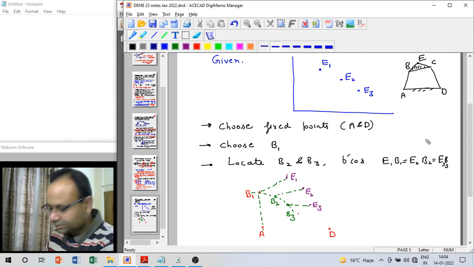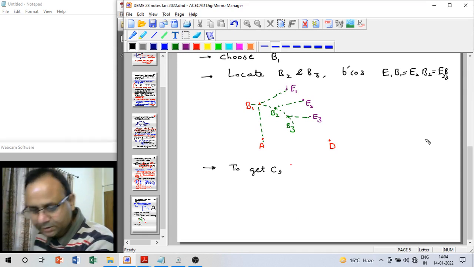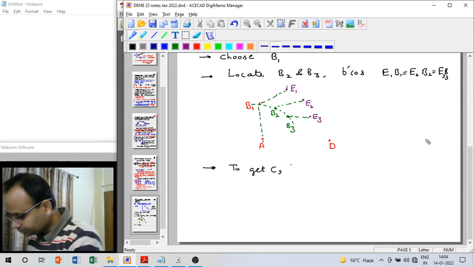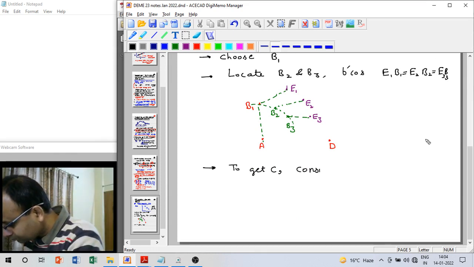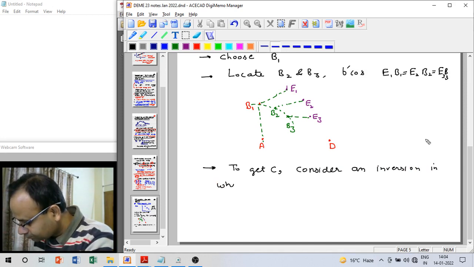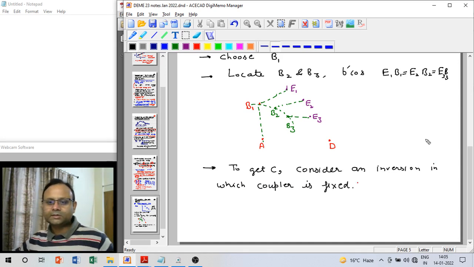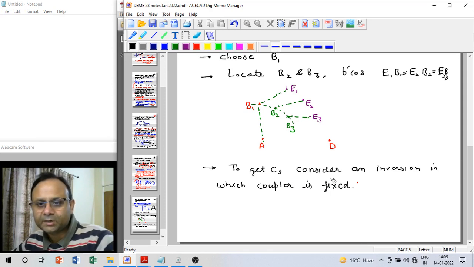And how to locate C? To get point C, you have to consider a kinematic inversion in which coupler is fixed. Consider a kinematic inversion in which coupler is fixed.